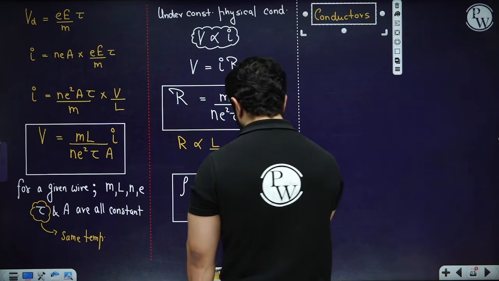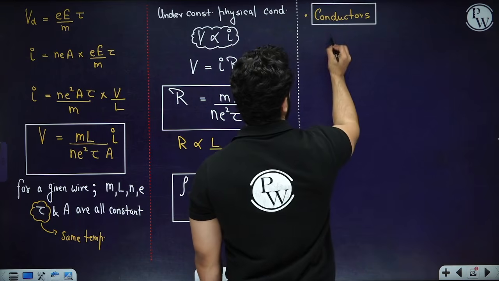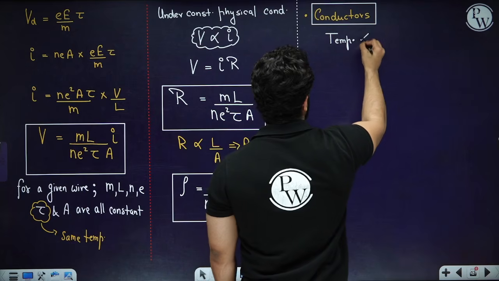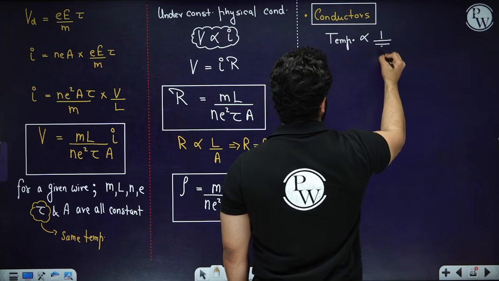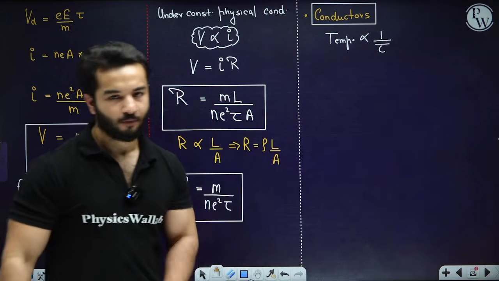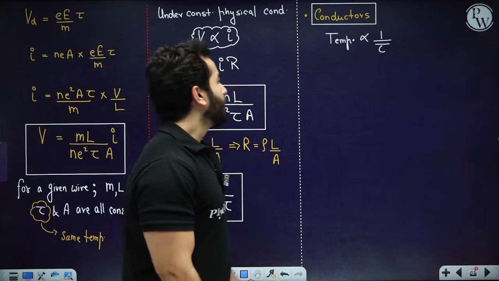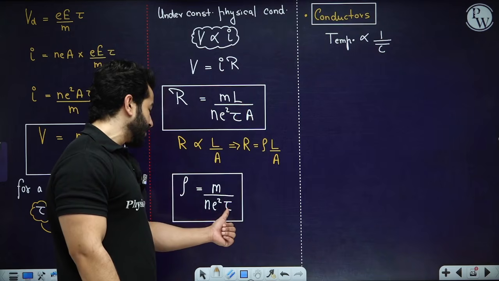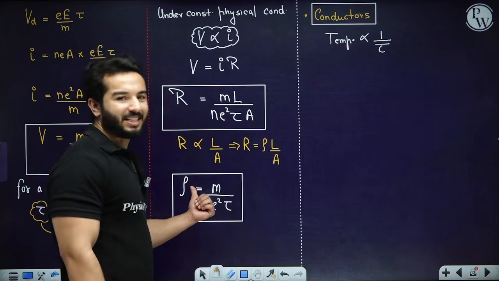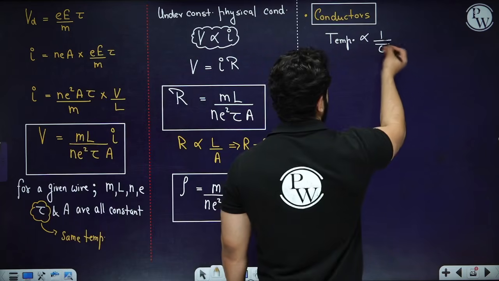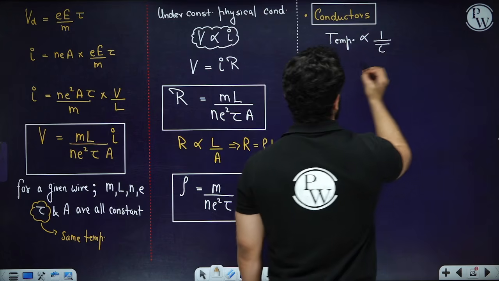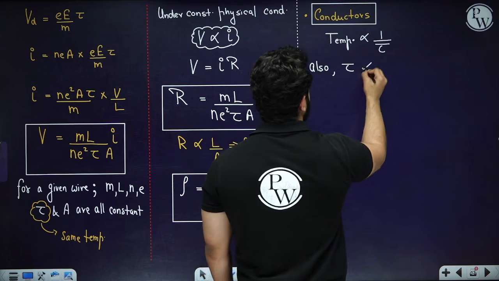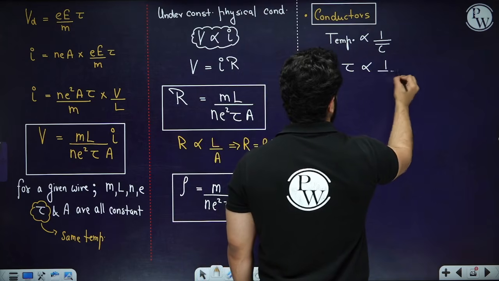For a conductor, if you increase temperature, that will decrease relaxation time, which we have already talked about. So increasing temperature will decrease τ, and that will increase resistivity. So τ is inversely proportional to resistivity.